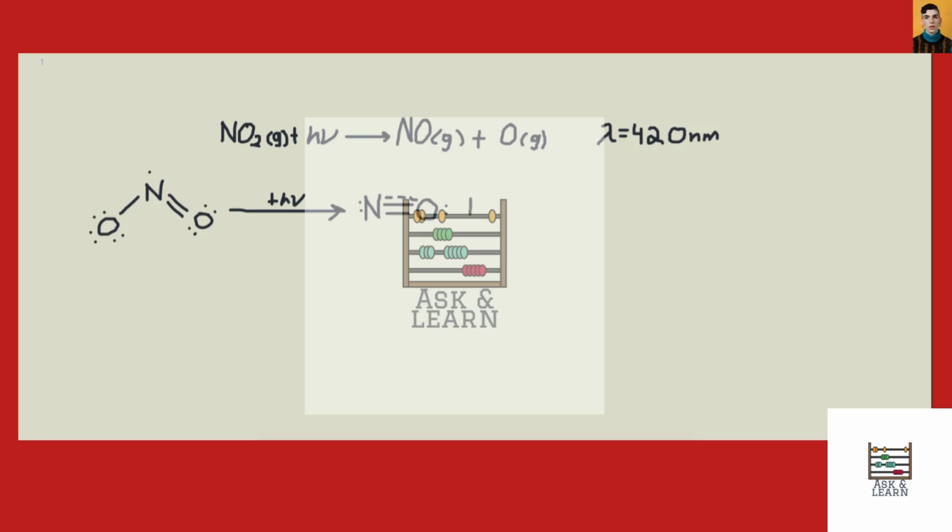And then we're going to have oxygen. And remember, oxygen has 6 electrons surrounding it. So 1, 2, 3, 1, 2, 3, 4, 5, 6. And that's going to be the Lewis structure for this photodissociation reaction.